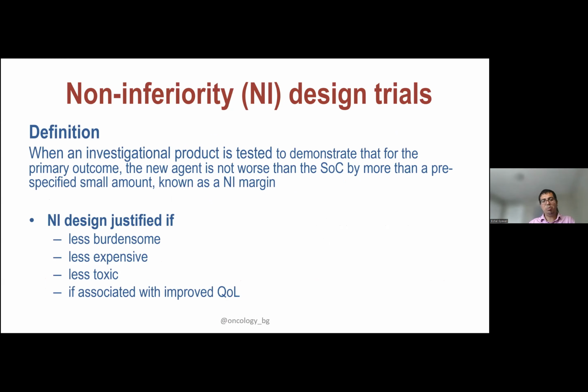The newer drug is in fact more burdensome, more expensive, more toxic. It does not improve quality of life, but still people are doing non-inferiority design trials because they can get their drug approved. Because what to call non-inferior is quite subjective, and they use a very lenient margin. By that I mean, if you say, okay, if the mortality increases by 50%, we'll consider it non-inferior, then any drug can become non-inferior because you are defining it in such a way that it's very difficult to fail.